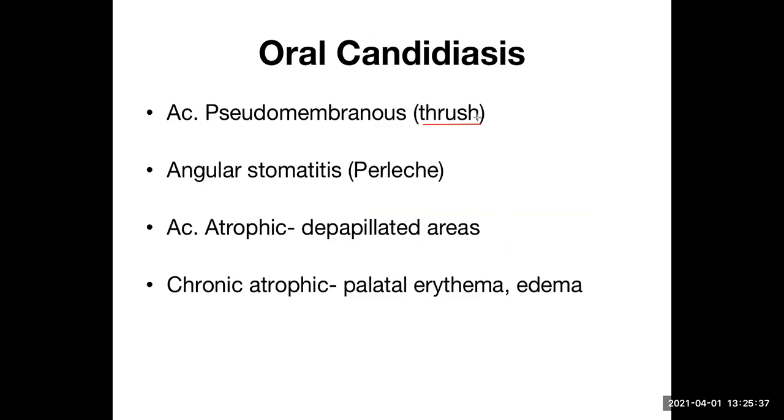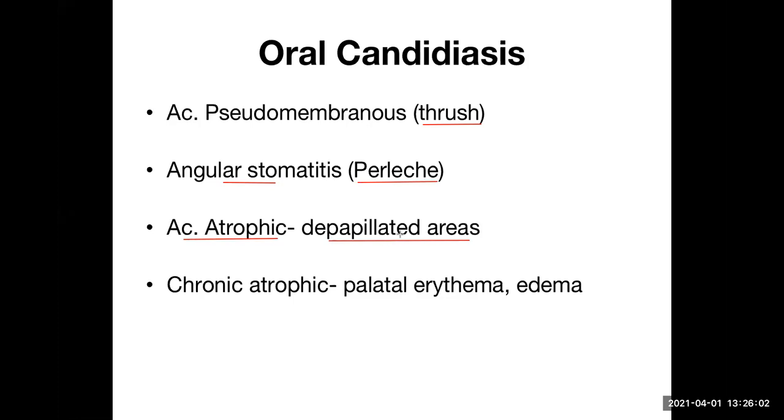It forms a membrane there, which we call a pseudomembrane. Angular stomatitis, where the angle of the mouth is affected, is another form, also called perleche.